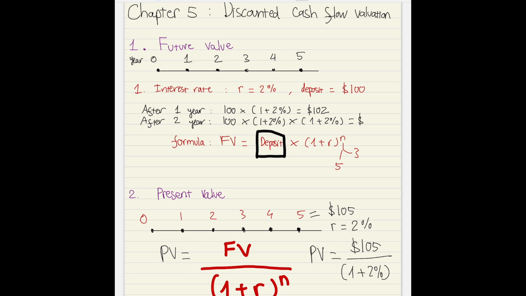How many periods? We can count: 1, 2, 3 years, 4 years, and 5 years. So the n will be equal to 5, and this is going to be the present value of $105.